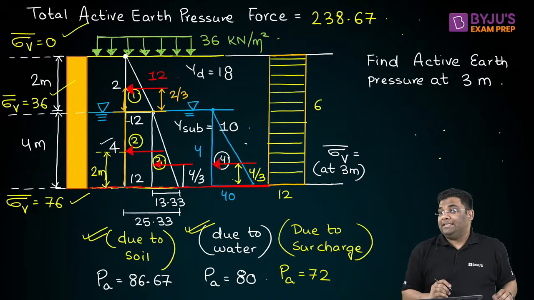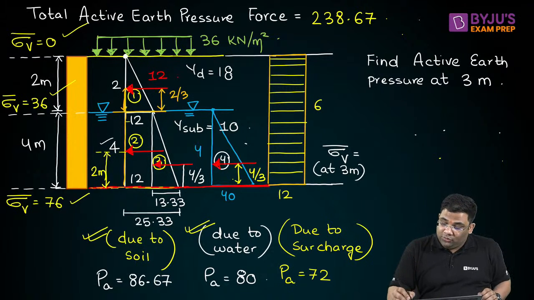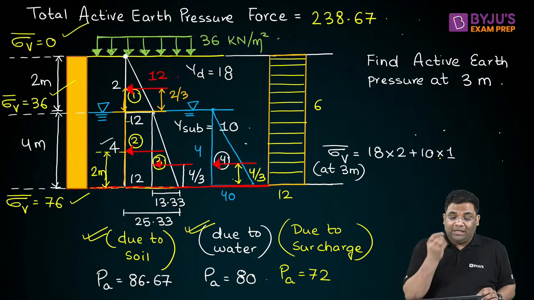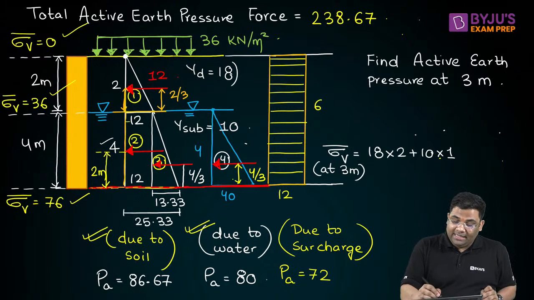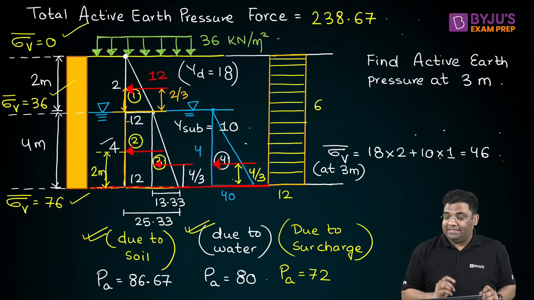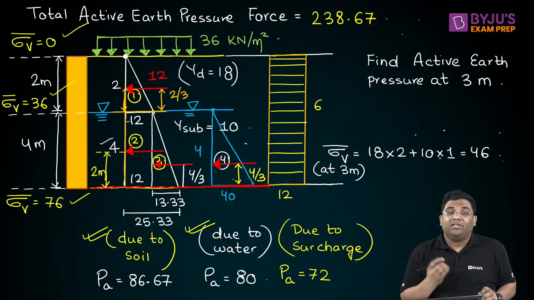So it will be 18 into 2 plus 10 into 1, because till 2 meter there is gamma D, and after that gamma submerged. I am getting 46. This is the vertical stress.